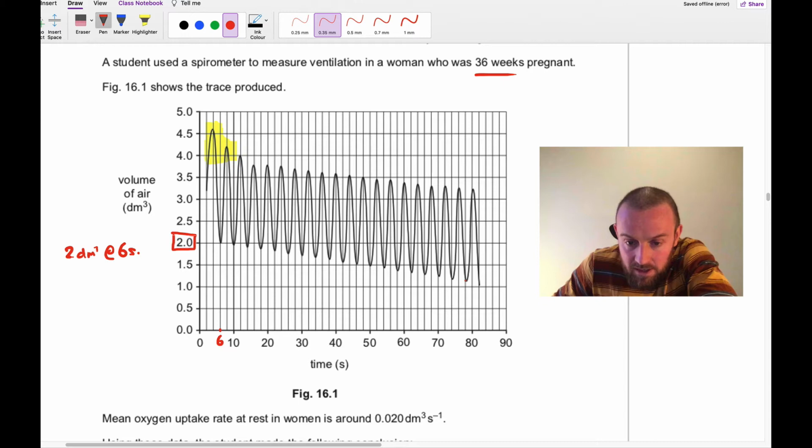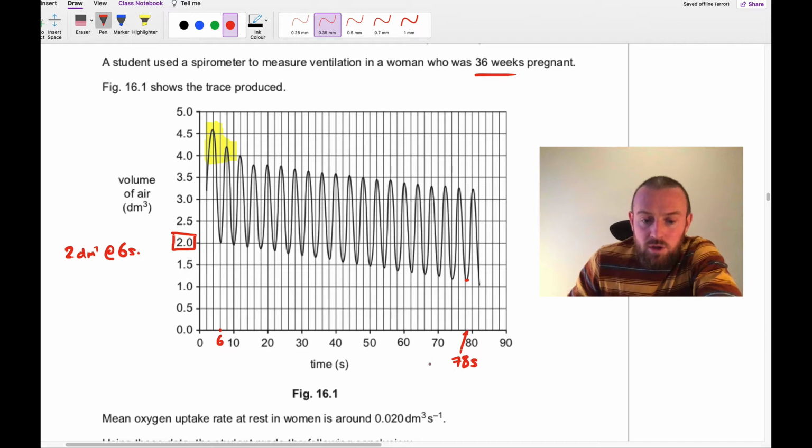This value here is the next one I want to go for. Now that's at 78 seconds. And the value there is, I would say, probably 1.2. I'd say that's 1.2, 1.3. Yeah, I'd say 1.2. 1.2 dm cubed at 78 seconds.